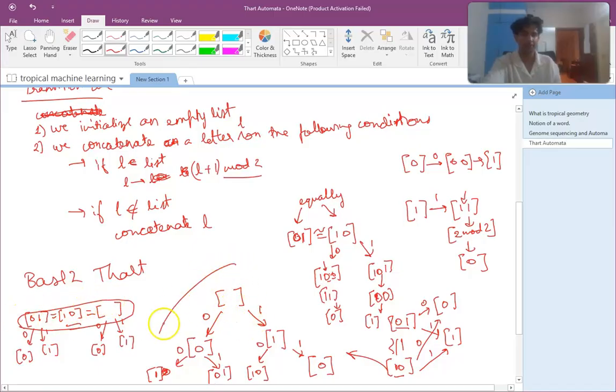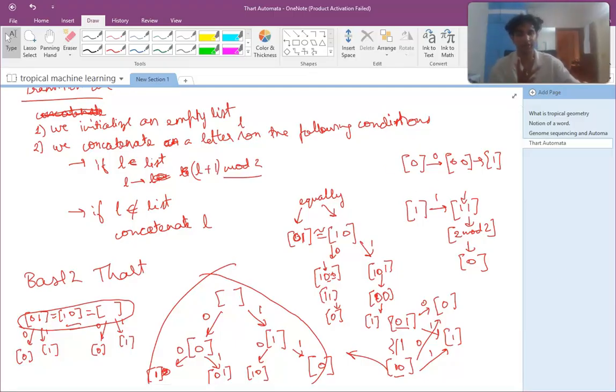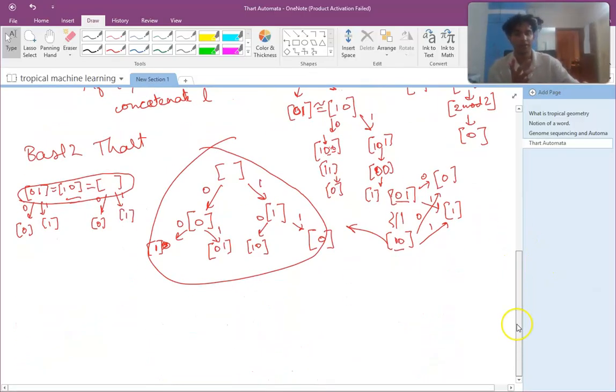And so basically this tree, which would have been an infinite tree if I allowed it to be any combination of the digits 1 or 0, is effectively now a closed tree. So I can draw it like this.